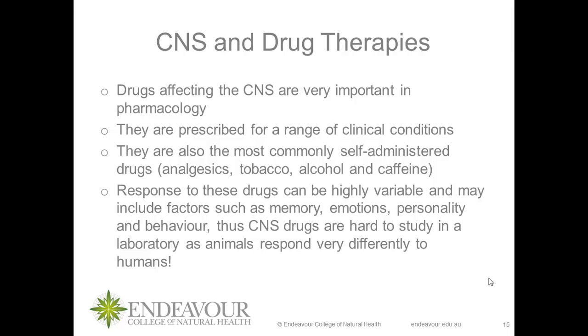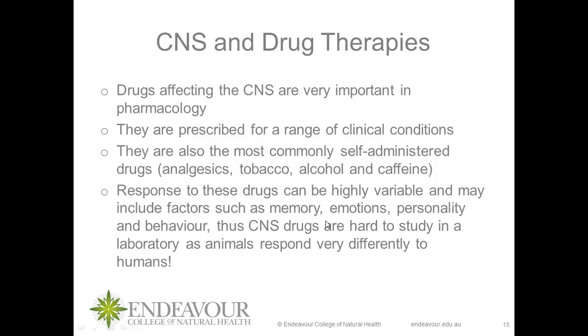For those conditions, the person might be self-administering drugs that have a psychoactive effect in the CNS. They might be taking tobacco, alcohol, or caffeine. They might be taking other analgesics, self-prescribing and self-administering, and this can affect the actual pharmaceutical preparation that is being used to treat their pain or pain syndromes.